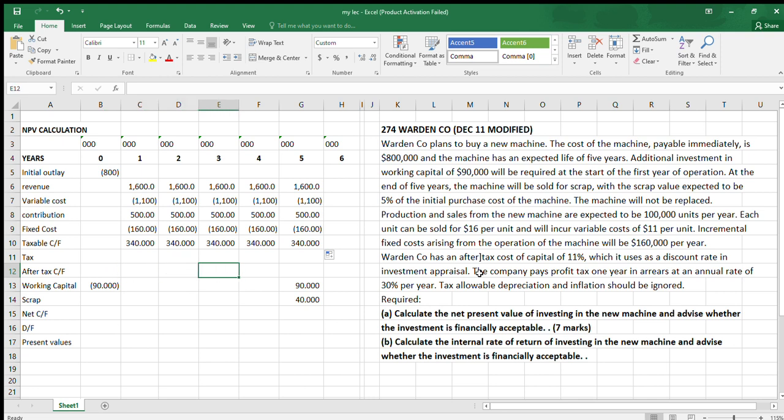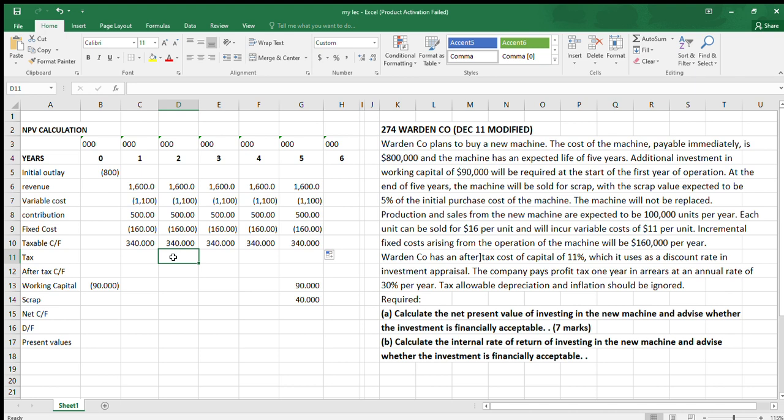Paying tax in arrears means they pay the tax a year after. If there's a tax they are supposed to pay in year 1, they pay it in year 2. The question is tailored in such a way that you have to think.